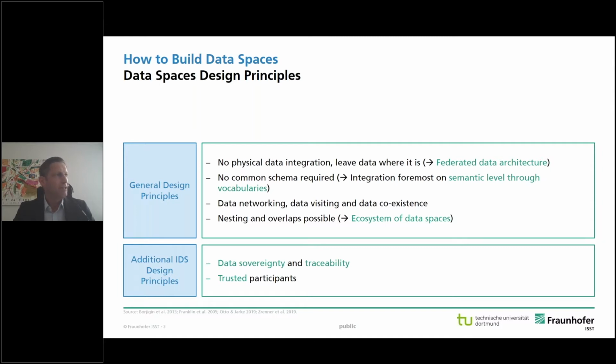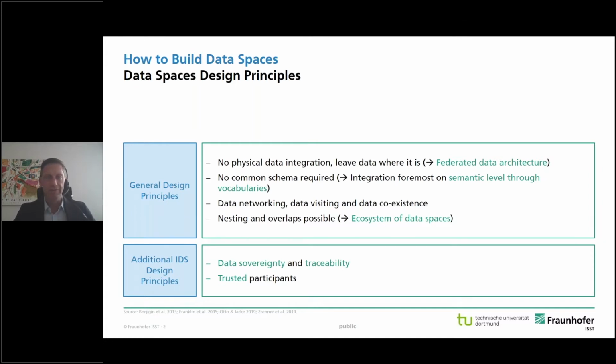And they mainly refer to the fact that no physical data integration is needed when we talk about a data space. So rather leave the data where it is, which also points to federated data architectures as we discuss them also, for example, within the Gaia X context. Then also no common schema is required.